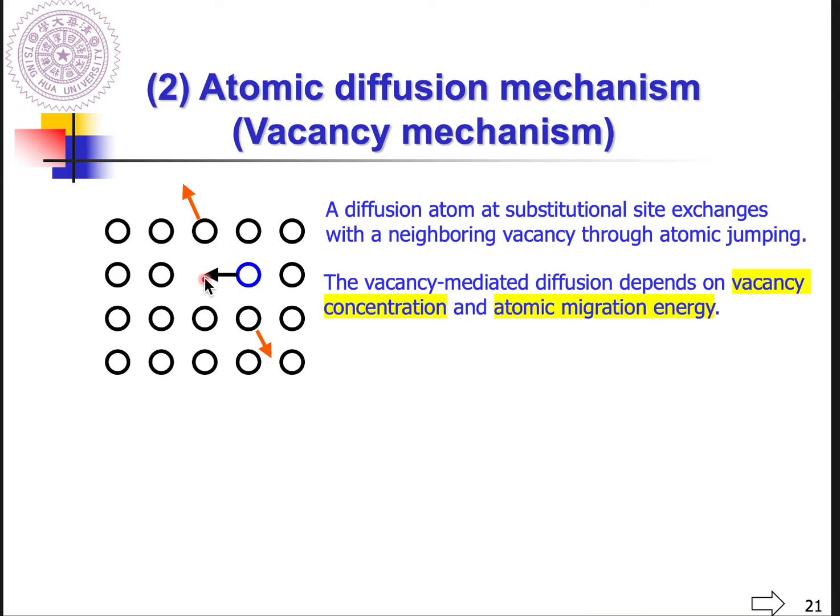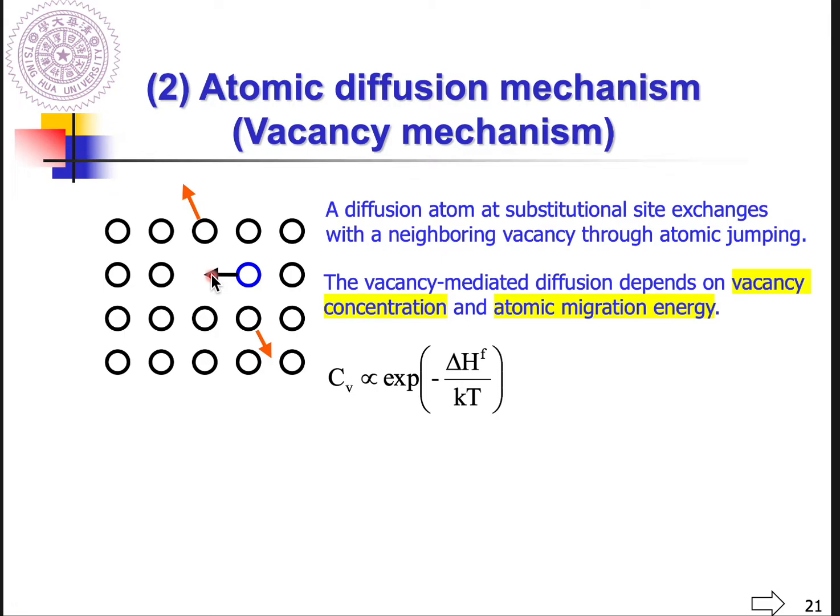This kind of jumping process also will cause lattice distortion, but this diffusion mechanism depends on two things: the vacancy concentration and the atomic migration energy.